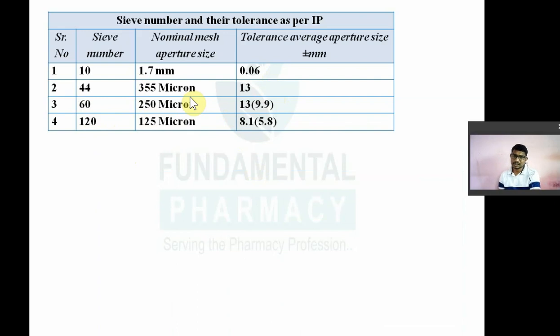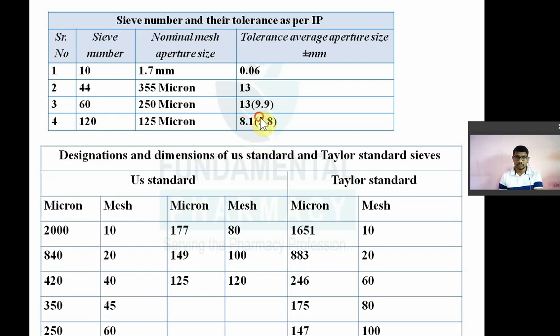The nominal mesh aperture is the size of the square or round opening in the mesh. So 250 micron in a number 60 sieve, plus or minus 13 again, and in case of 120 sieve, the nominal mesh aperture is 125 micron and the tolerance is 8.1. In the US standard sieve, 2000 micron is known as 10 mesh. Nothing else is important here.